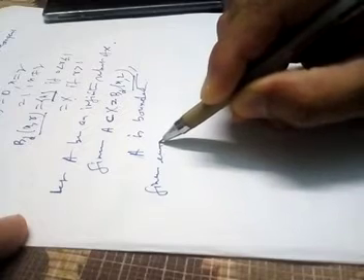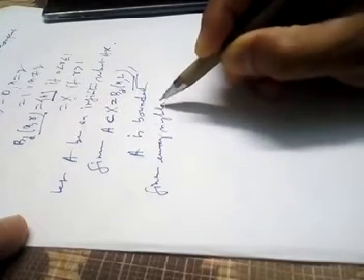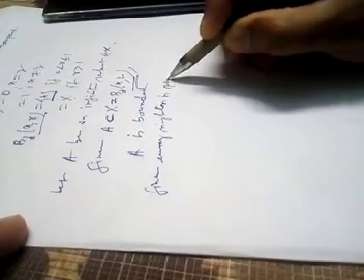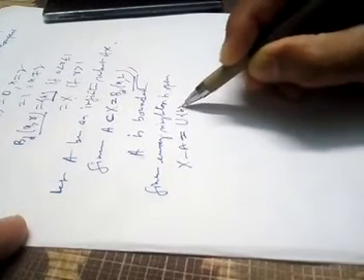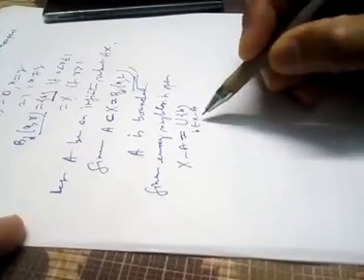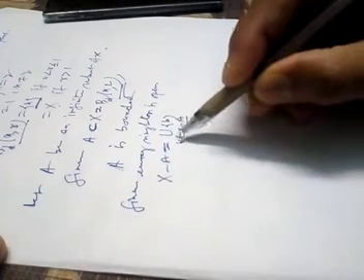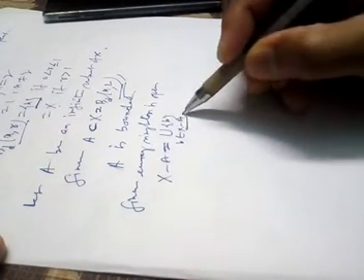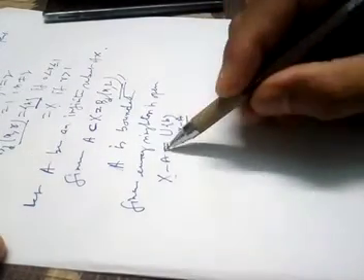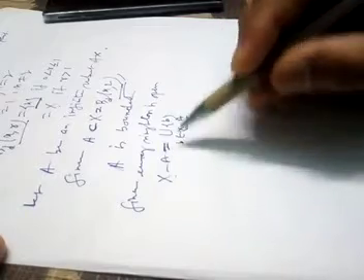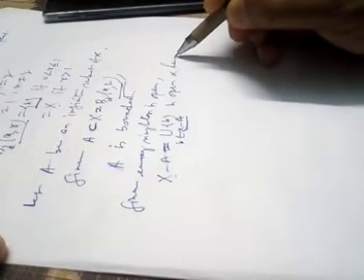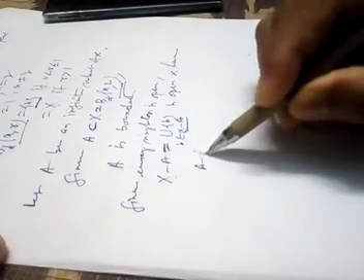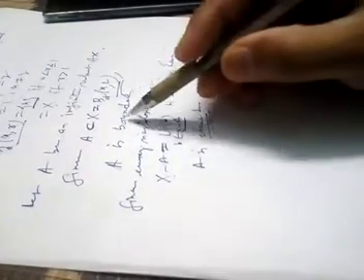Since every singleton is open, X minus A can be written as the union of the singletons {b} for b in X minus A. Since every singleton is open, this is open, and hence X minus A is open, hence A is closed. So A is closed as well as bounded.